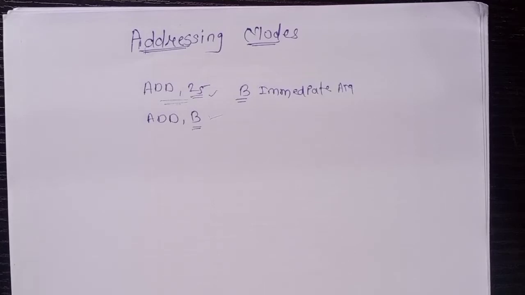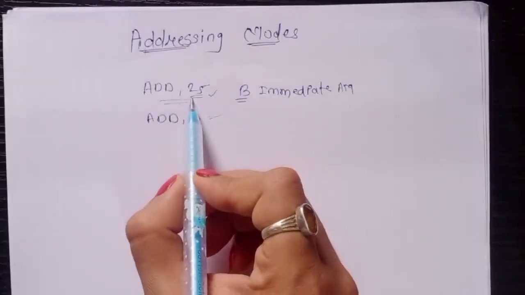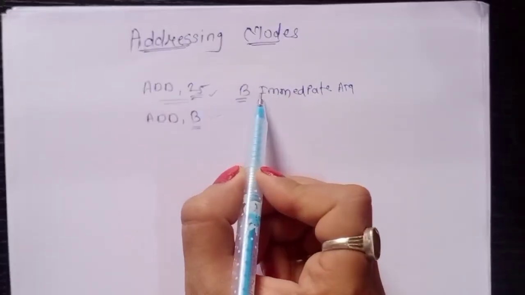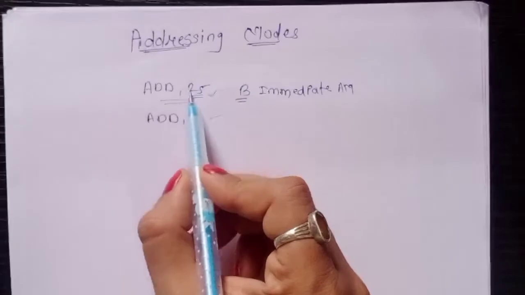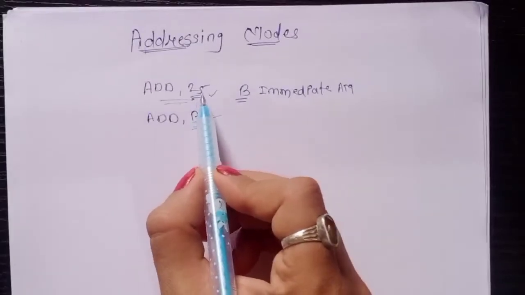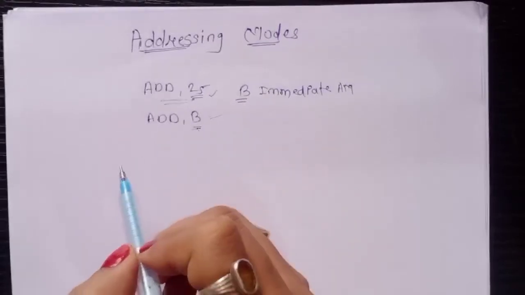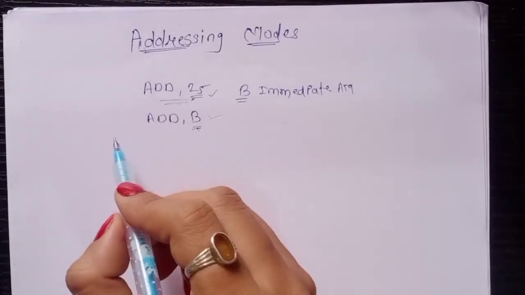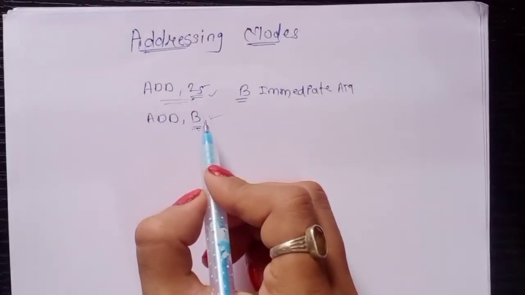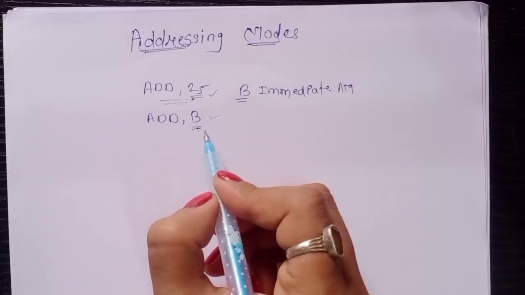Are you getting the concept? If the operand is directly given in an instruction, this is immediate addressing mode. Now we know the data directly. If the operand is given inside a register, this is simple addressing mode. It means that first the processor has to go to that register, then read the contents of that register.